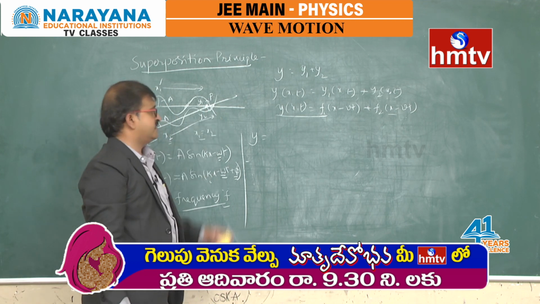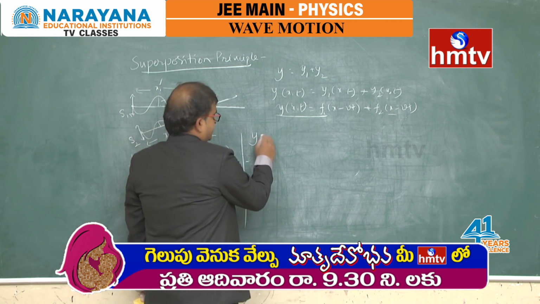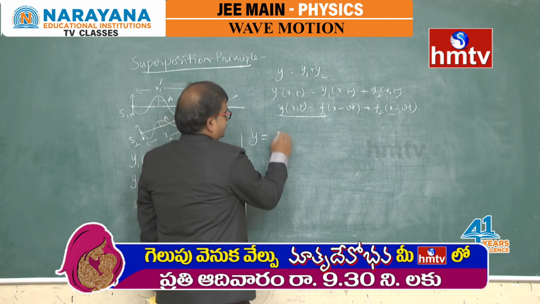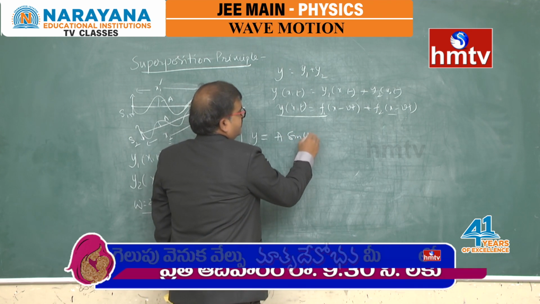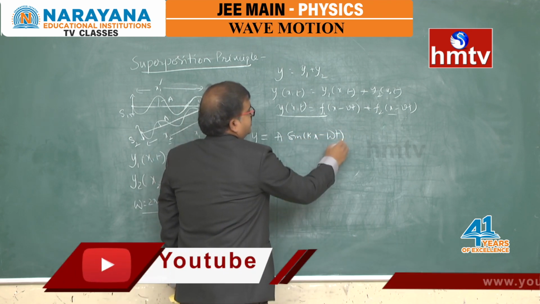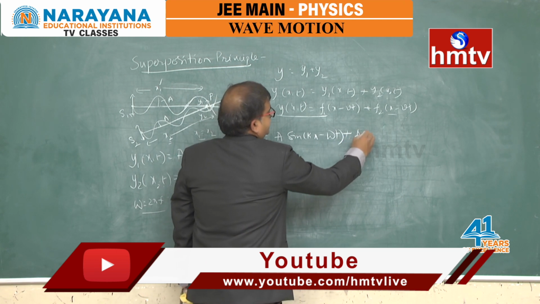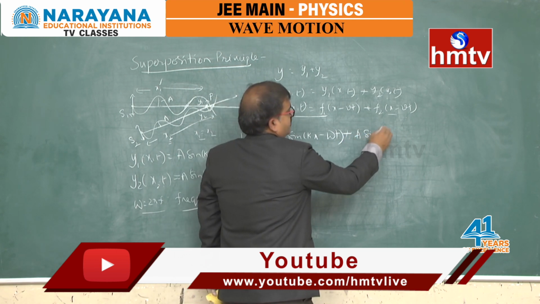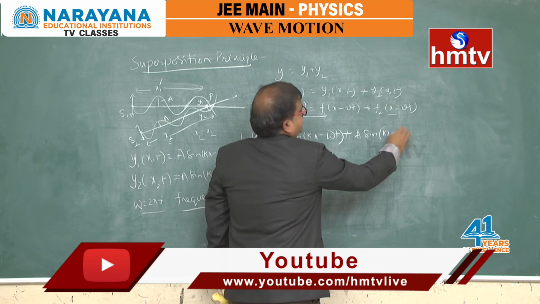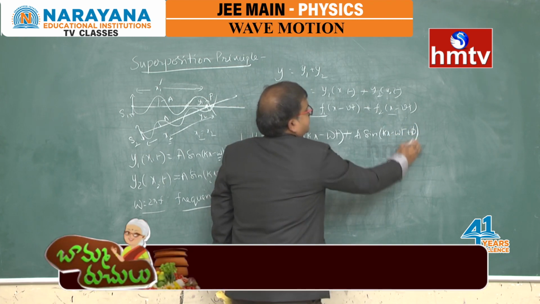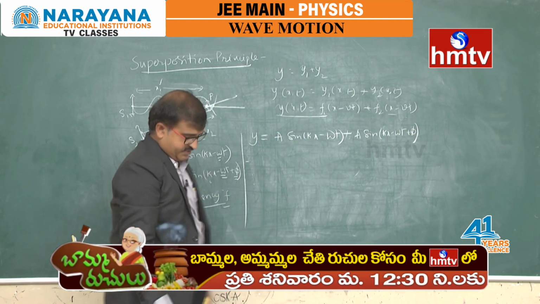passing through the same point is given by simply the addition of these two: a sine of (kx minus omega t) plus a sine of (kx minus omega t plus phi), the sum of these two.